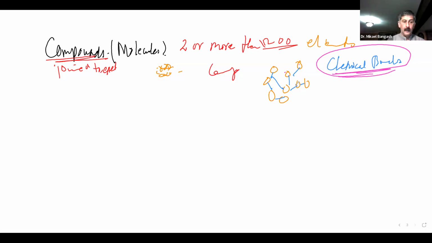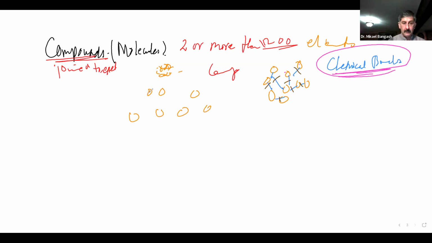And what may happen to these chemical bonds is that they may break. And when that happens, the different elements that we had in our compound are now going to be free birds.